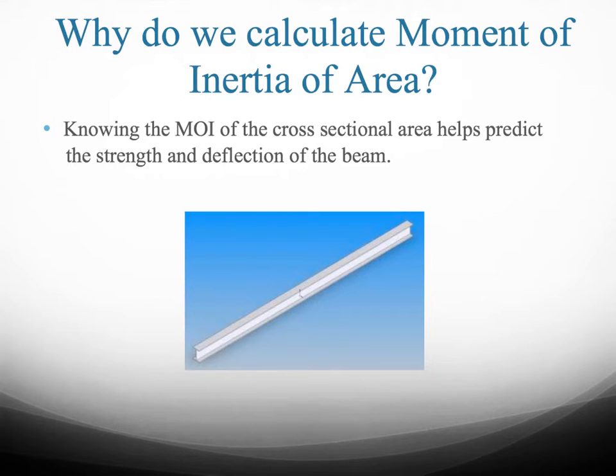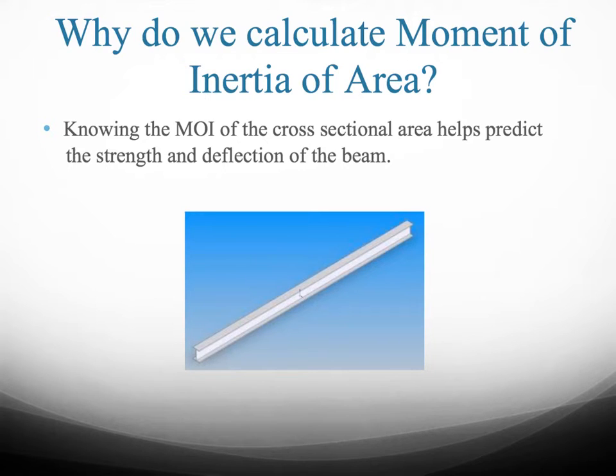So what we want to do now is talk a little bit about the calculation of the moment of inertia of an area. This is going to be very similar to how in chapter 9 we started off talking about the center of mass and the center of gravity, which was how mass and weight was distributed relative to a certain coordinate system.